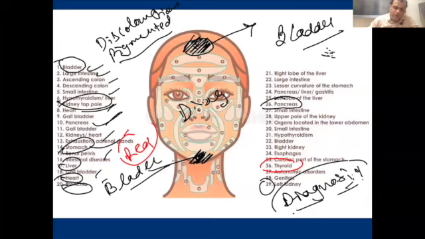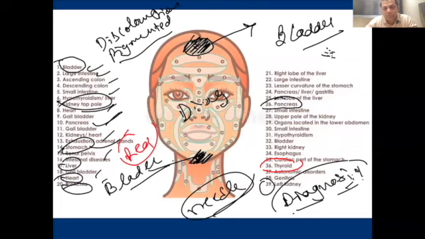Doing the treatment on the face is called face reflexology or face acupressure. When an acupuncture doctor puts a needle there, then he calls it acupuncture. But the magic is on the points. The magic is just on the points.